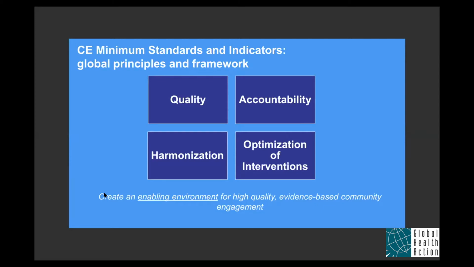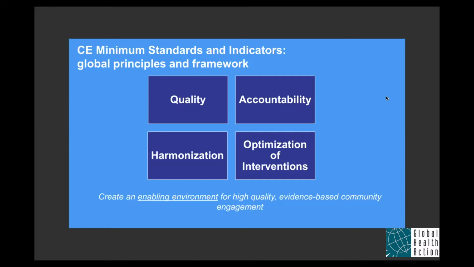And then harmonizing our approach around community engagement is the other global principle that we speak about a lot, because there's so many organizations and contexts. In this current crisis of COVID, where we are all affected, how we engage, for example, in Western contexts versus how do we engage in the typical context that we have worked in as development organizations in Africa, as in South Asia and in the Middle East.